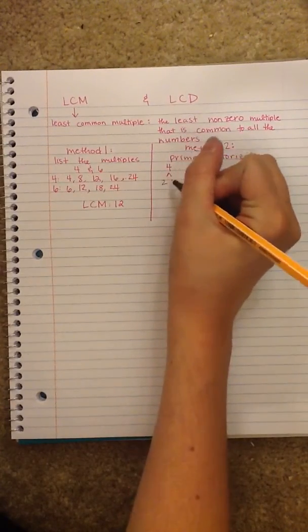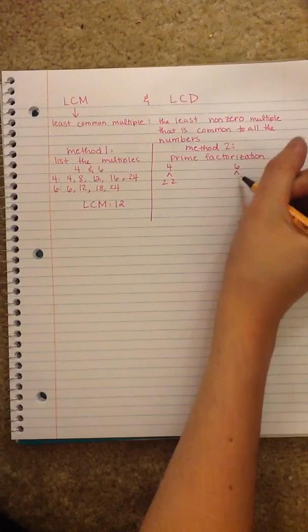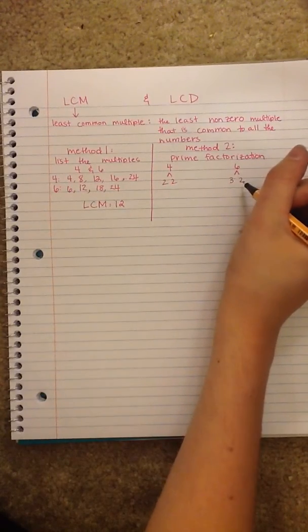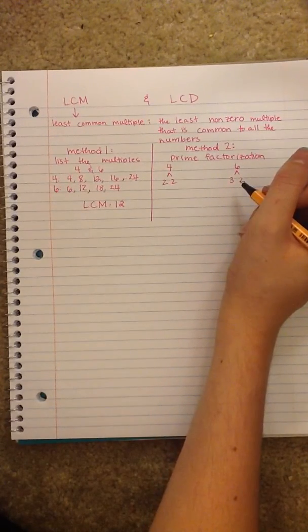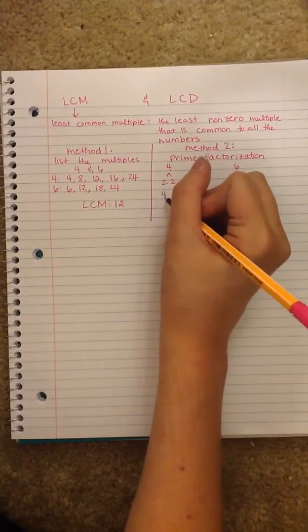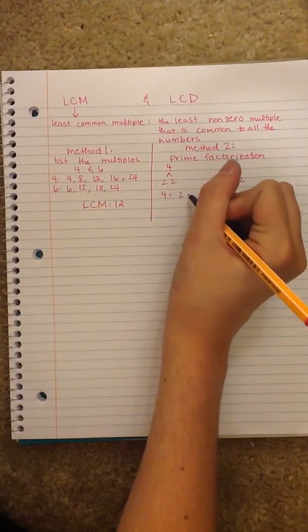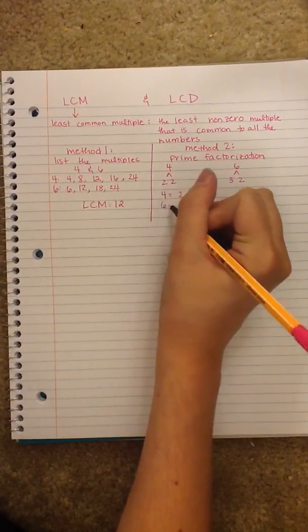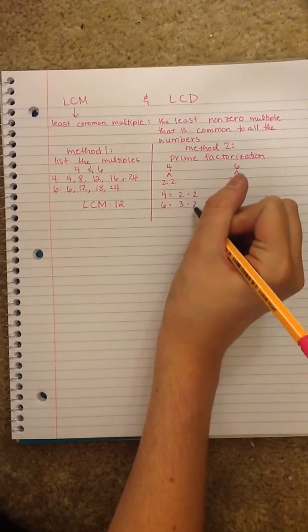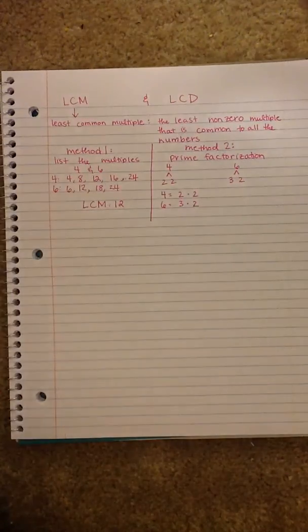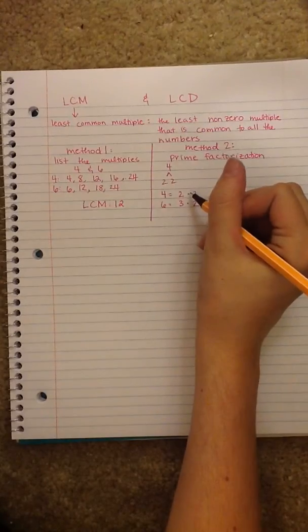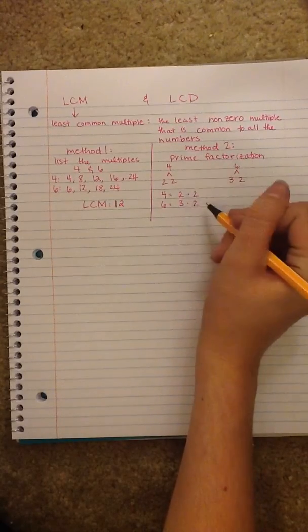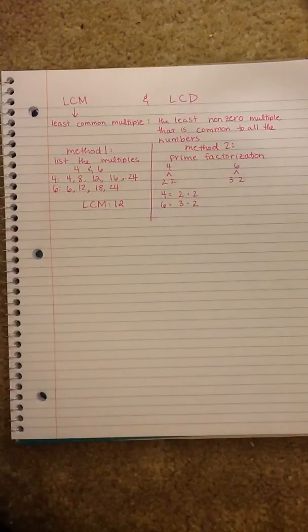So 4 is 2 and 2, 6 is 3 and 2, and if I list those out like I did last time, 4 is 2 times 2, 6 is 3 times 2. I don't look at the column where they're in common.